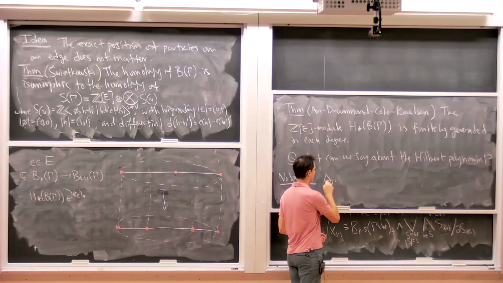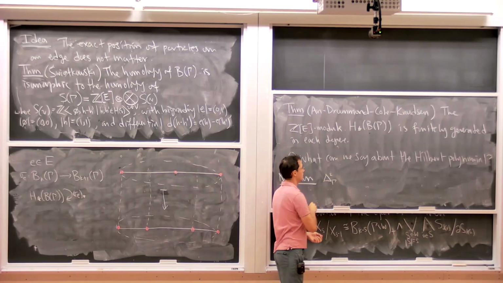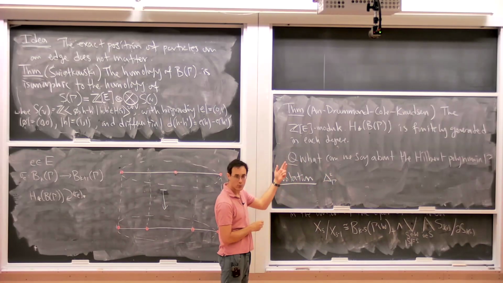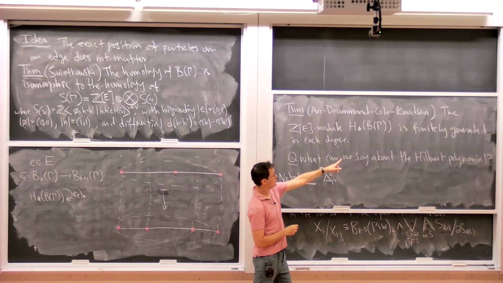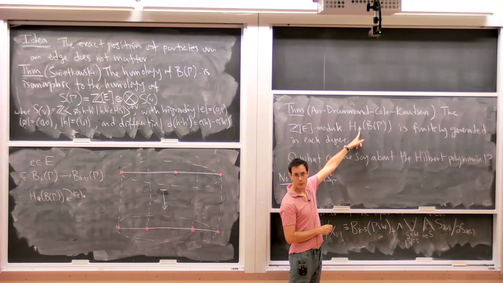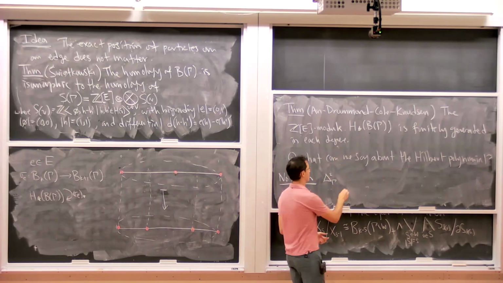It's an invariant of the graph gamma, and it comes in a countable family, one for every natural number i. You should think of i as being the homological degree. It's going to be connected to the homological degree.